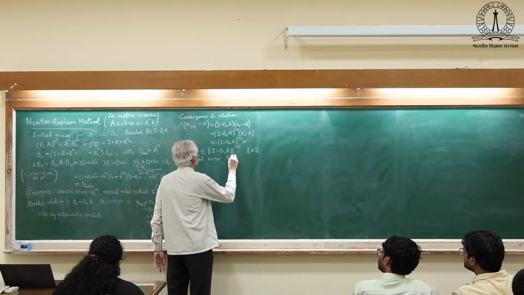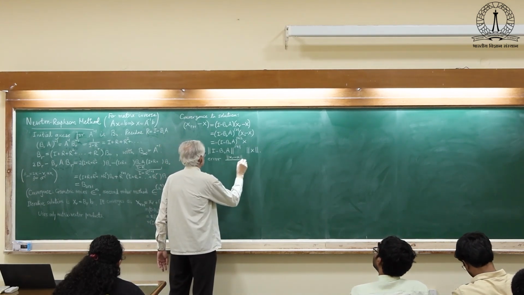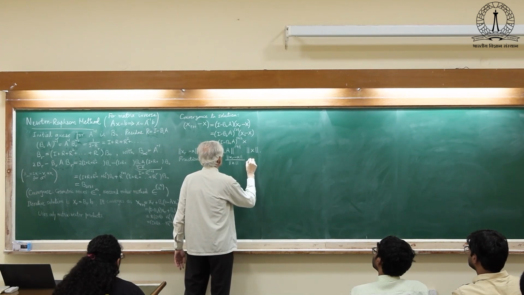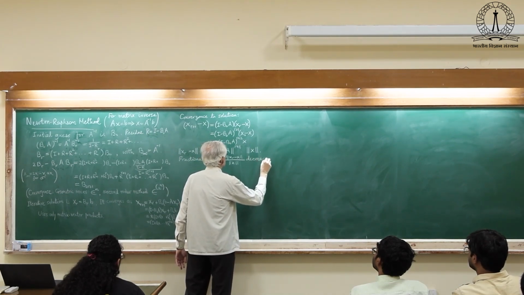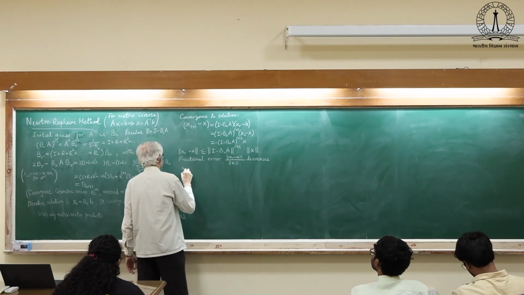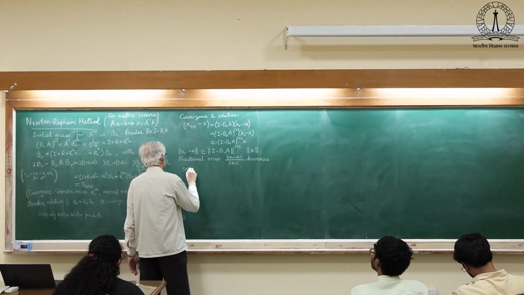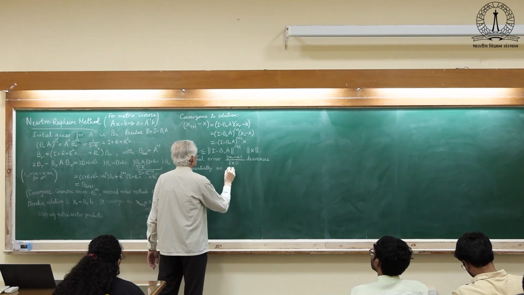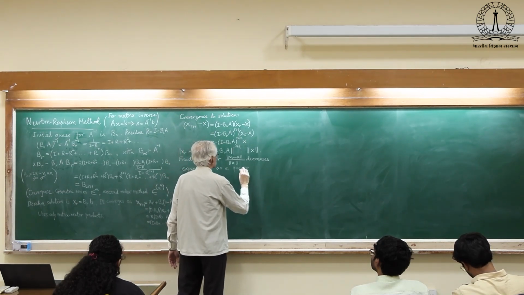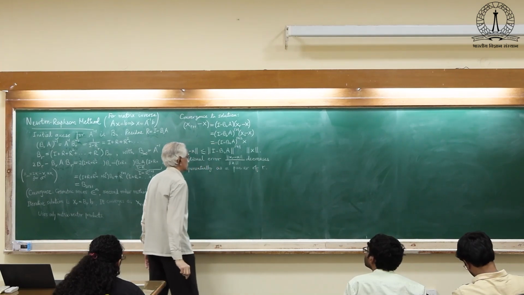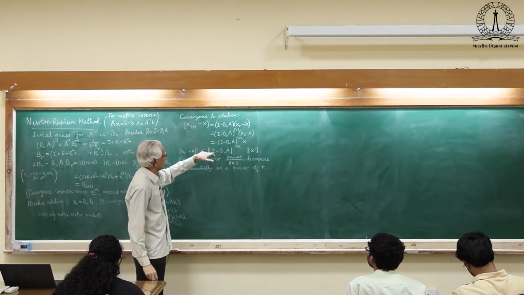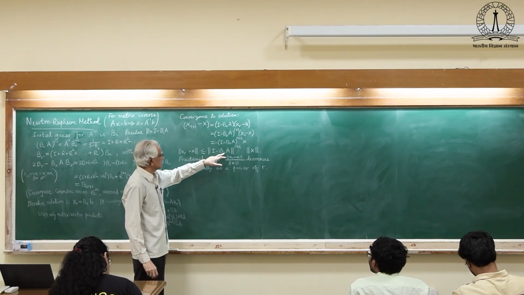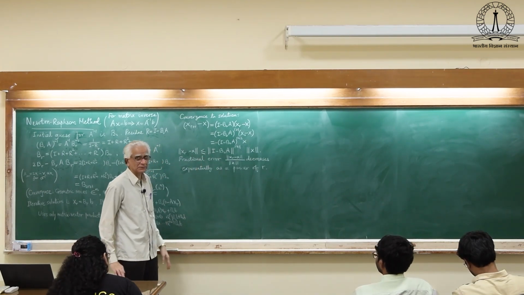I can just define this. Whatever this quantity is, some power, it will go down exponentially. You need this number to be less than 1, otherwise it's not going to converge.